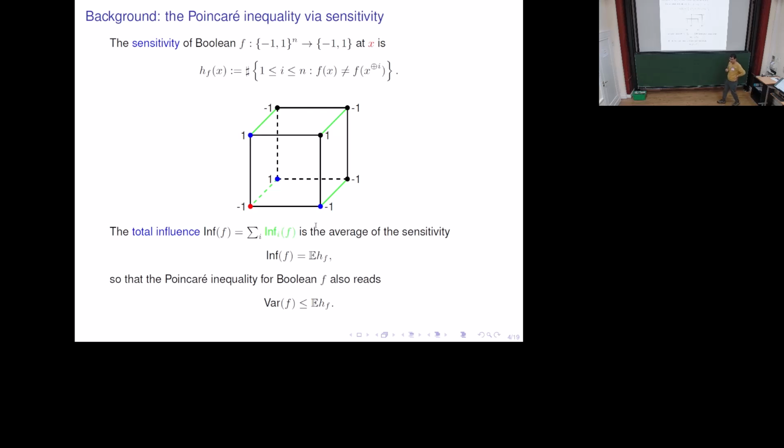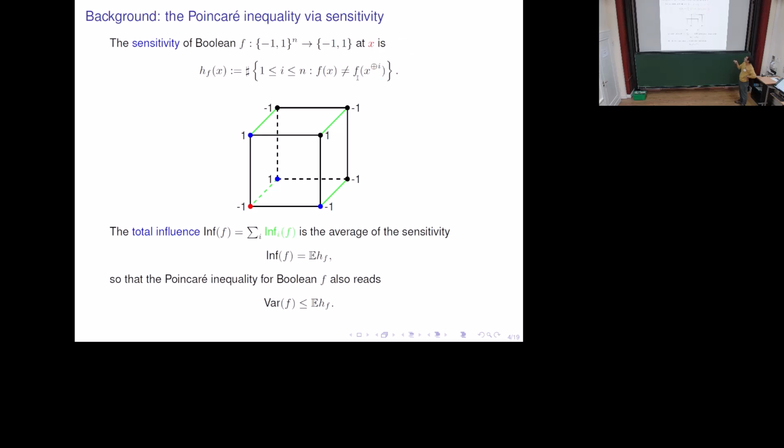Then what is sensitivity? The sensitivity is a local concept. You look at some point, for example, this red point in this three-dimensional Boolean cube. Then the sensitivity of this example Boolean function at this point x is defined to be the number of coordinates such that the function f has different values when you flip the i-th coordinate.